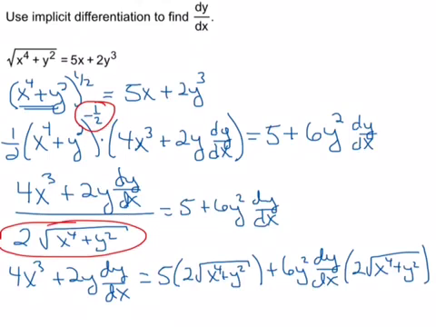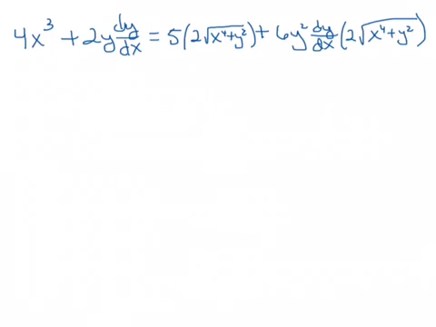Okay, so let's take this equation to the next page. All right, there's the equation we need to isolate dy/dx for. So let's do a couple of things. First of all, I'm going to multiply the 5 times 2 on the right-hand side, and I'm going to multiply the 6 times 2 also there.